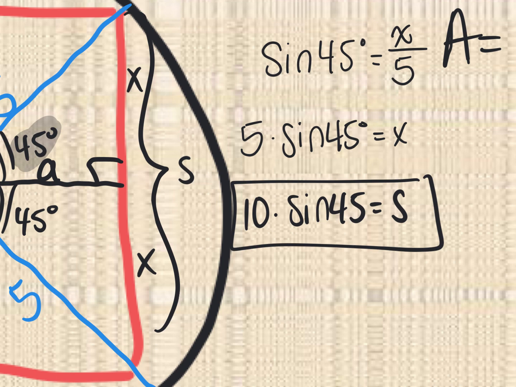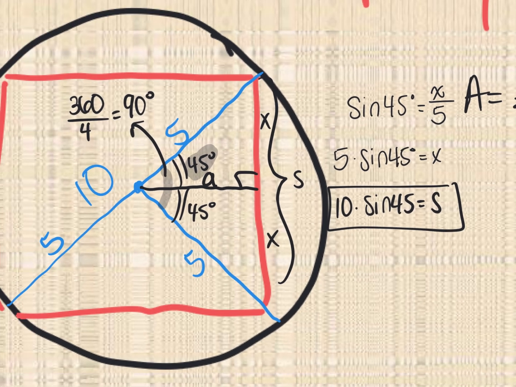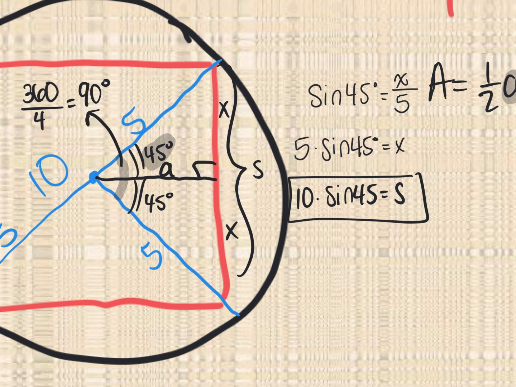How do I find the apothem? Yeah, how do I find it? Let's use another trig ratio. Daniel? German?